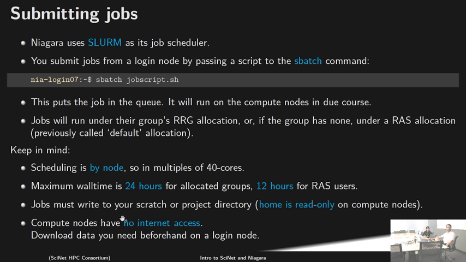And the other thing, oh yeah, I did mention this, compute nodes have no internet access. So if you need to download data, you can't do it while you're running. You have to download it first from the login node, and then use it in your job.